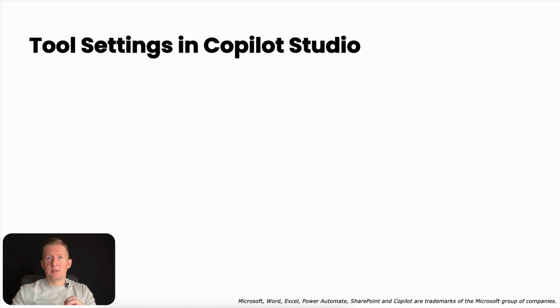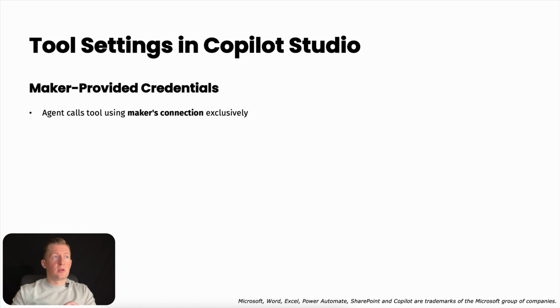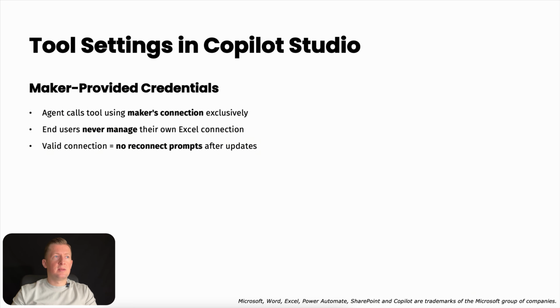The tool settings you need to manage: the maker-provided credentials are key, as I mentioned. The agent calls the tool using the maker's connection exclusively. After this setting, the end users never manage their own Excel connection, if you are talking about an Excel tool or an Excel connector. If it's a valid connection, then no reconnect prompts appear after this update, and the stability is maintained across agent and tool modifications.